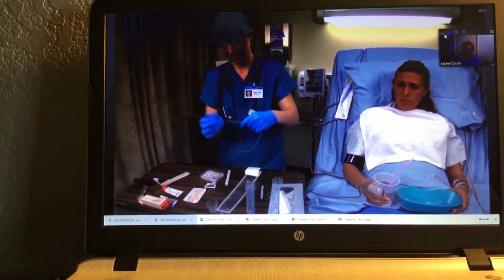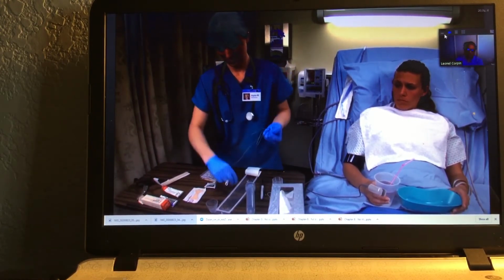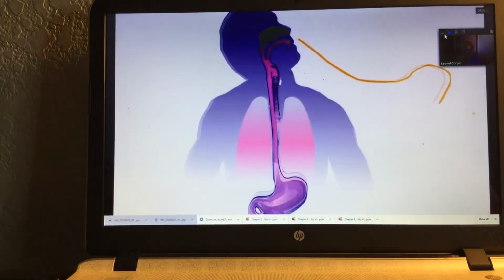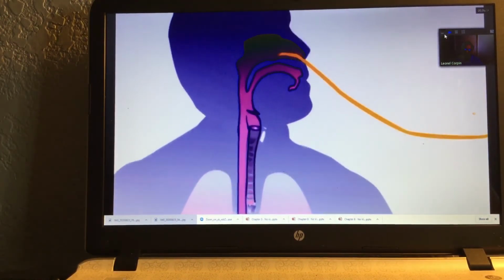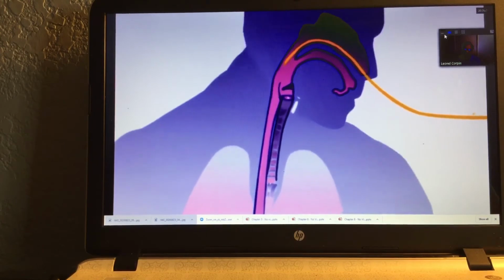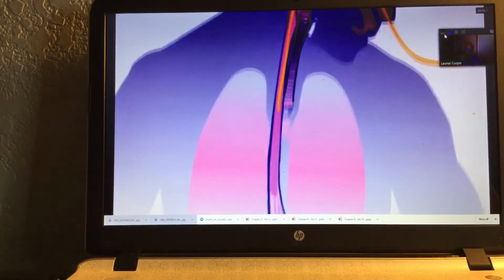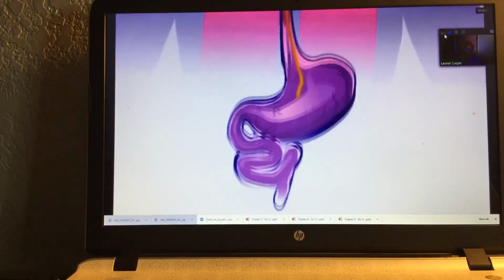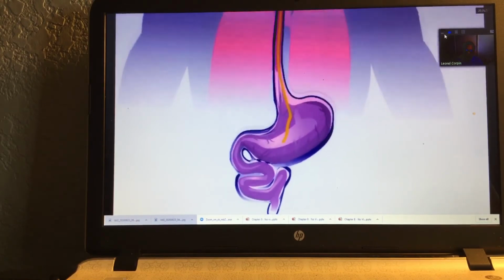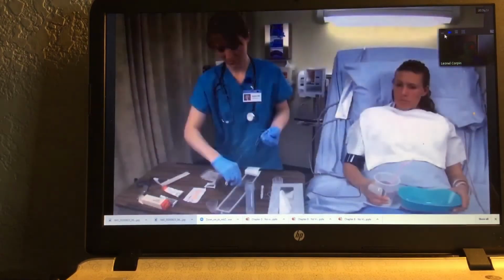Coat the tip of the tube with a water-based lubricant. Have your client breathe through her mouth as you slowly insert the tube through the nares to the back of the throat. Advance the tube each time your client swallows until you have inserted the predetermined length.